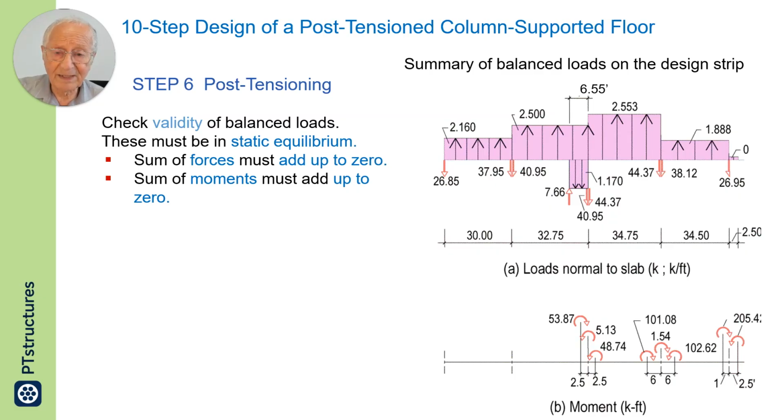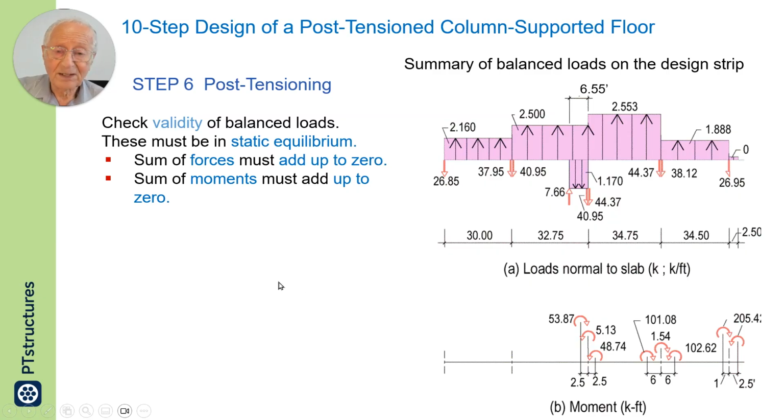We have to go back and make correction. Why do we have to go back and make correction? Because the consequence of an error here could be on the safe side or on the unsafe side. And unless you know whether your assumption leads to a safe solution, you have to go and correct it.